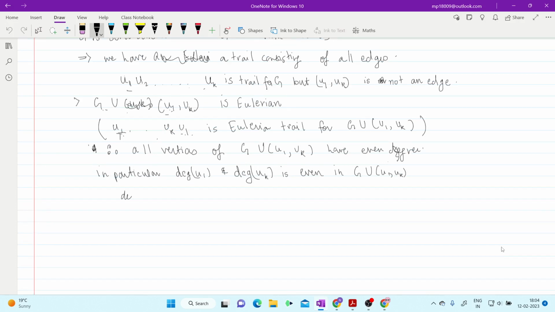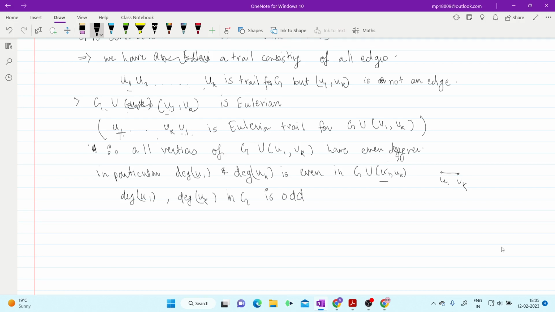So what is the degree of U1 and UK in G? It will be odd. Yes, because in G union U1 UK they have an additional degree of 1 coming from the edge U1 UK.